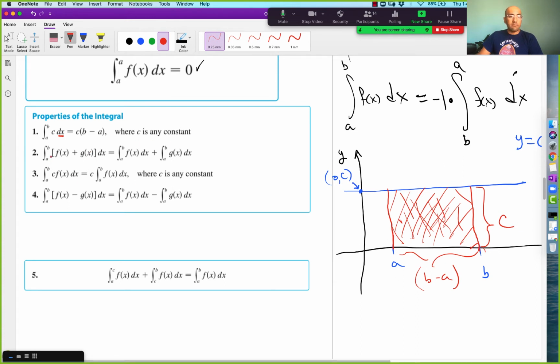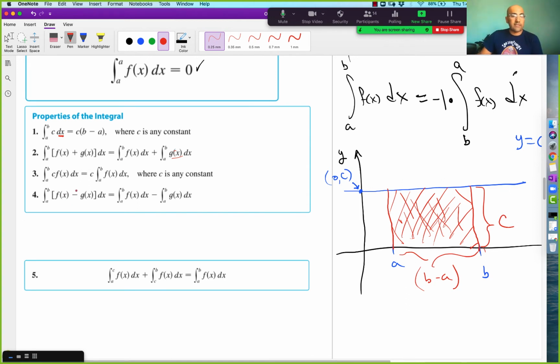Keeping in mind that we keep the same limits of integration in both cases, and that's assuming that the f of x function is integrable and the g of x function is integrable, that this has an answer, therefore this will have an answer, and it will be equivalent to the summation of these two integrals. Good. Okay, so if we have a plus there, we can break it up into separate pieces. We use that a lot.